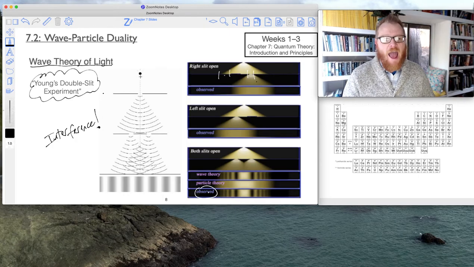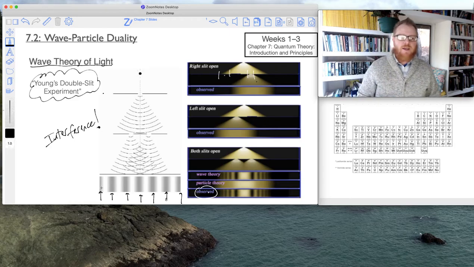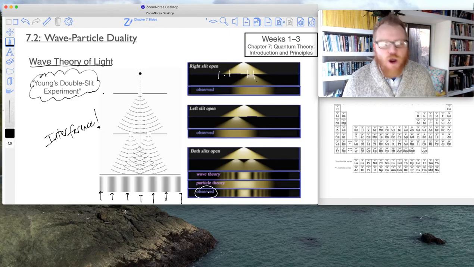As the wave front propagates through the double slits, there are going to be regions of constructive interference and regions of destructive interference that owe to this banded structure. Where you see regions of light, perhaps here and here and here and so on, those are regions of constructive interference.